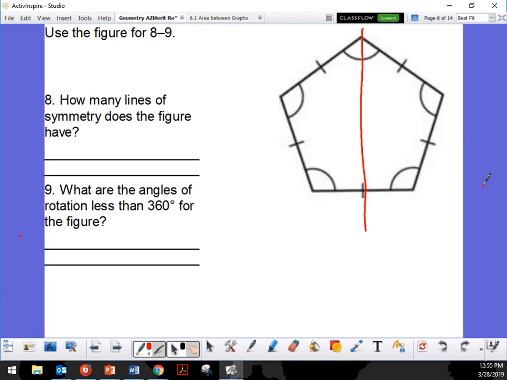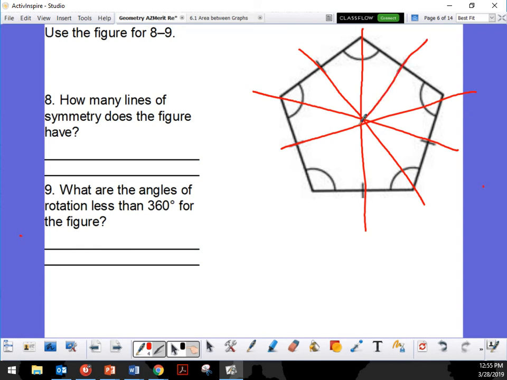Okay, so I have another one right here. There's 2, 3, 4, 5. Yep. So we have 5 lines of symmetry.